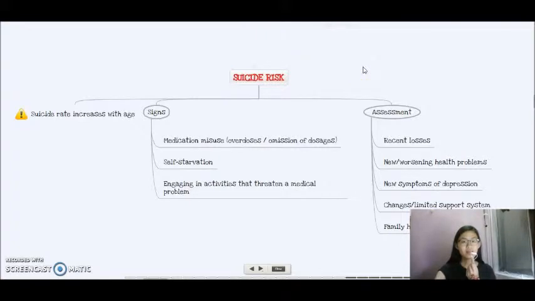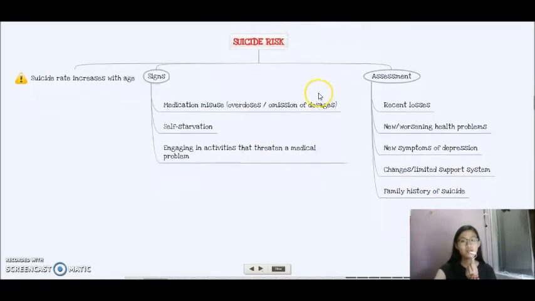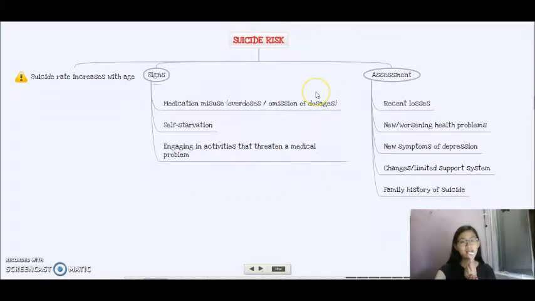The last part about depression is suicide risk. We should be aware that elderly people actually have a higher risk for suicide compared to the young, because the suicide rate usually increases with age. Signs of suicidal ideation among elderly are medication misuse, which can be overdose or omission of dosage.